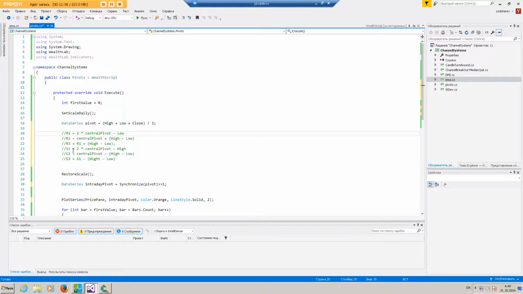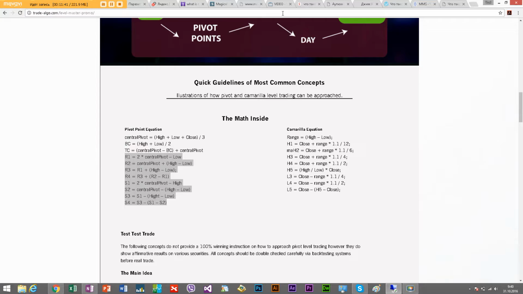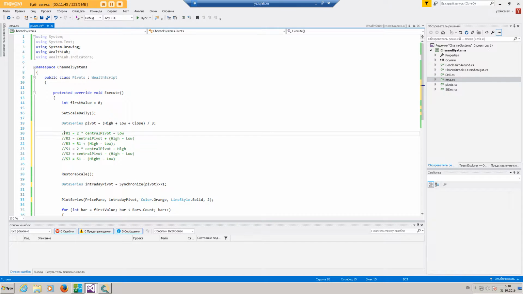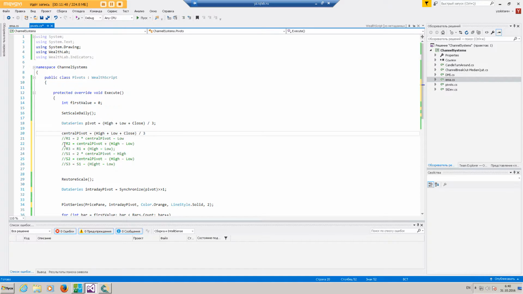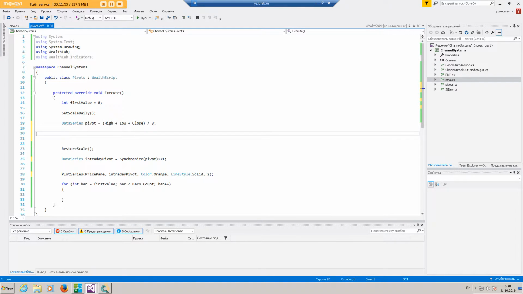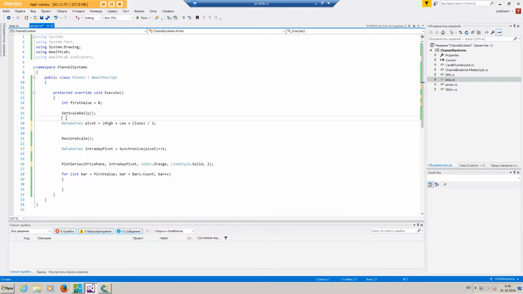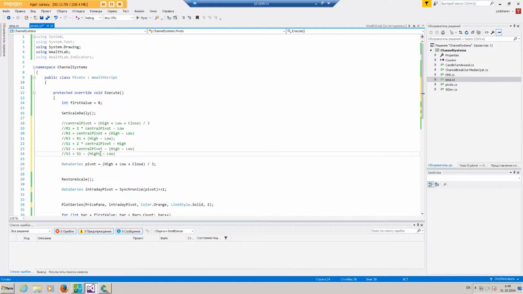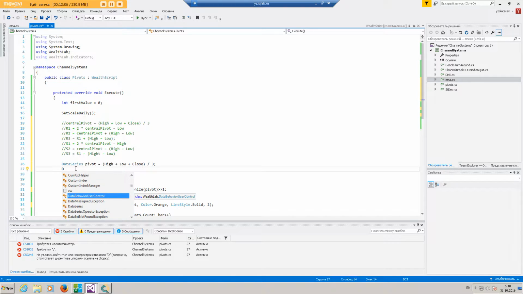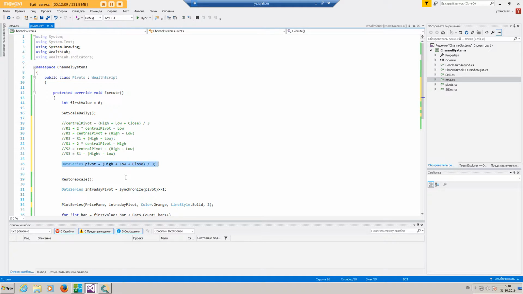Okay, and let's just take central pivot. This I'm taking from my article on the Pivot Master, Level Master. It's a tool I coded for Wealth Lab. It's pretty cool, you might want to check it out. Okay, so central pivot we have. Nice. Now we need the rest, and this does take a little bit of time.